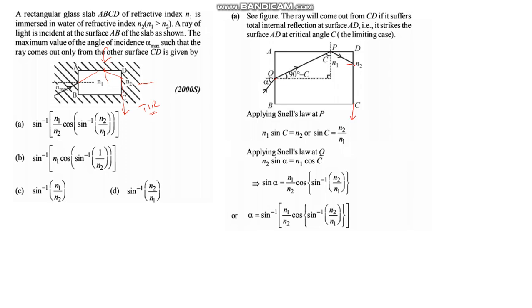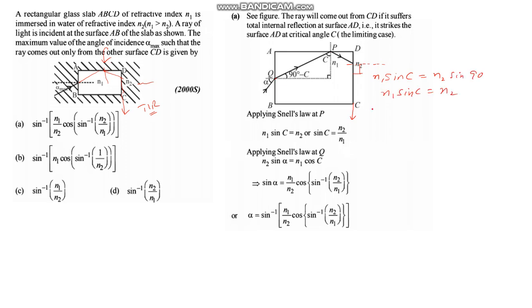You have to draw the normal here, and this refractive angle is 90 degrees. If you apply at P, you will get N1 sine C is equal to N2 sine 90. That means N1 sine C is equal to N2.